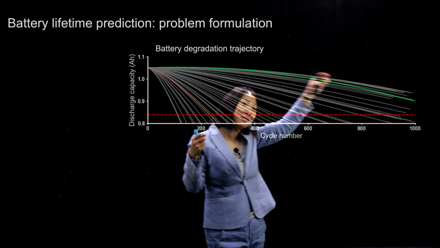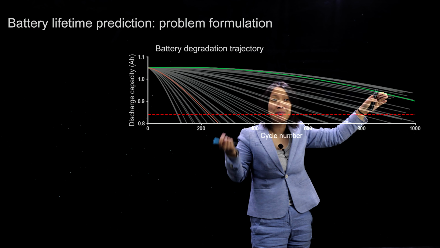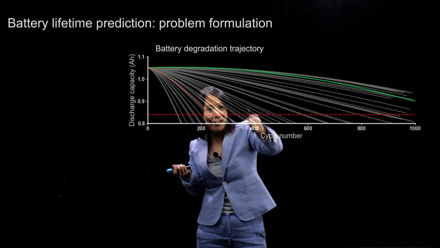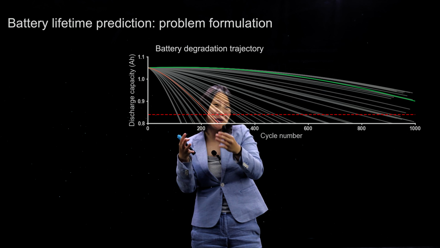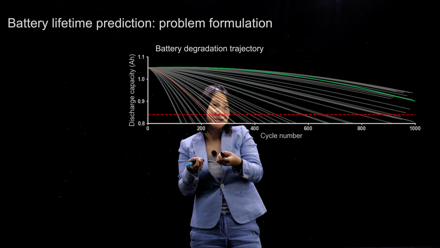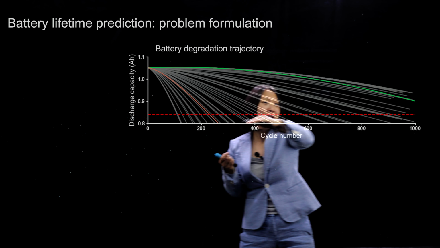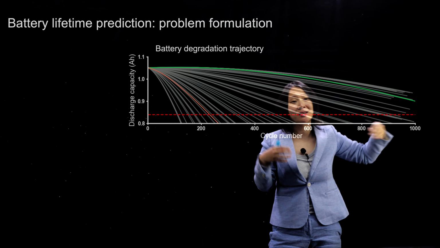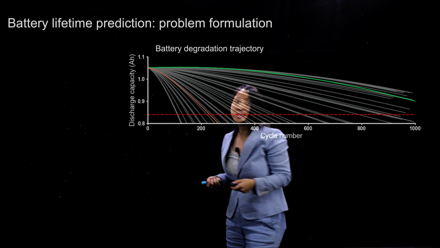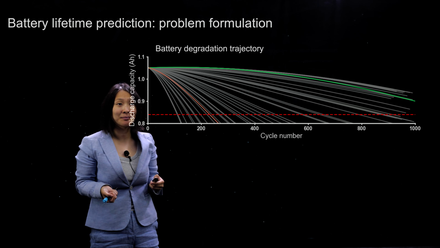The green curve shows a pretty long-lasting battery, whereas the red line shows that the battery is rather short-lived. And it quickly reaches this red dotted line, which is a threshold by which we say this battery should retire.